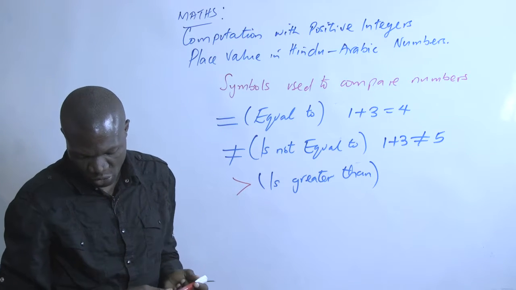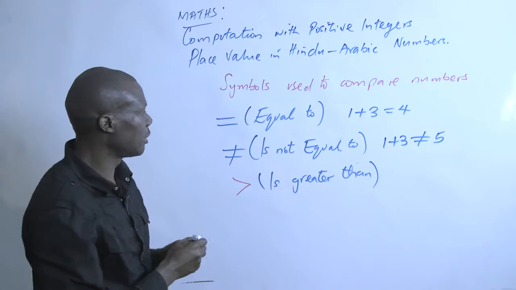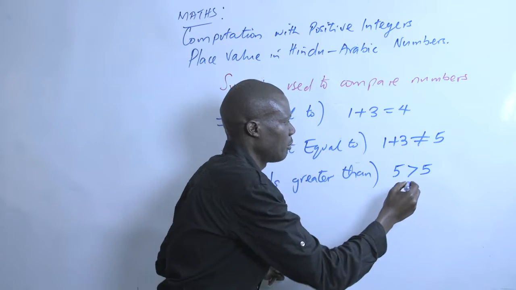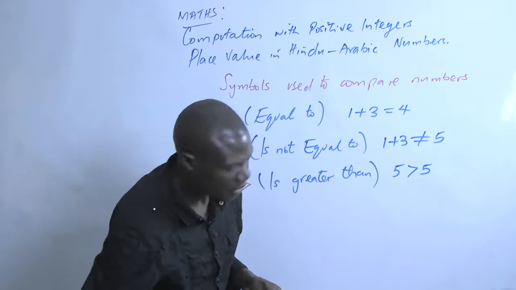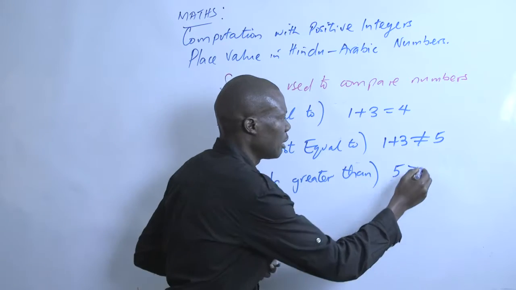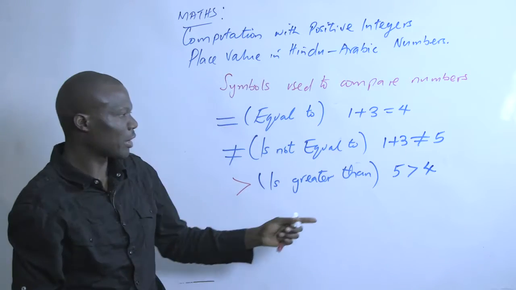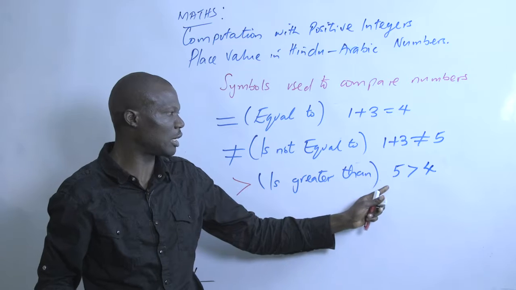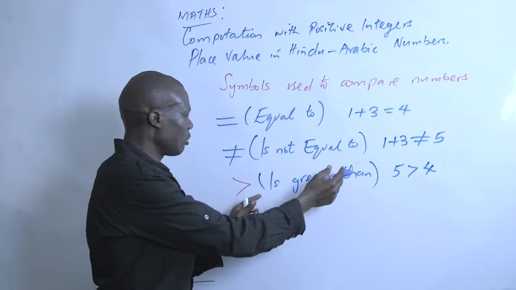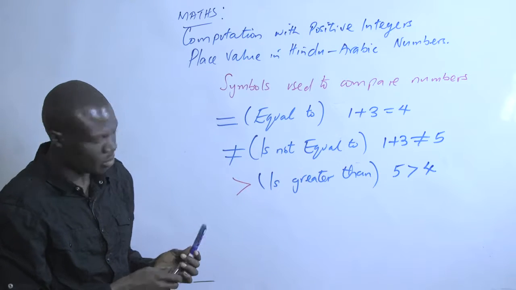For example, we can say that 5 is greater than 4. That is very true. 5 is a digit that is greater than 4. So we use the sign instead of writing the whole statement.